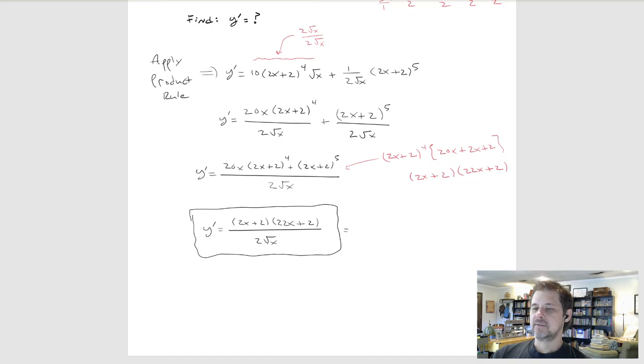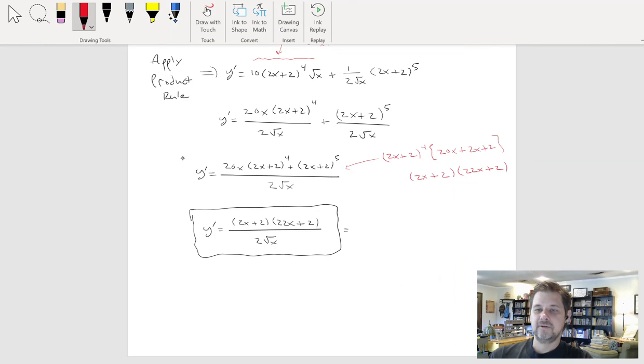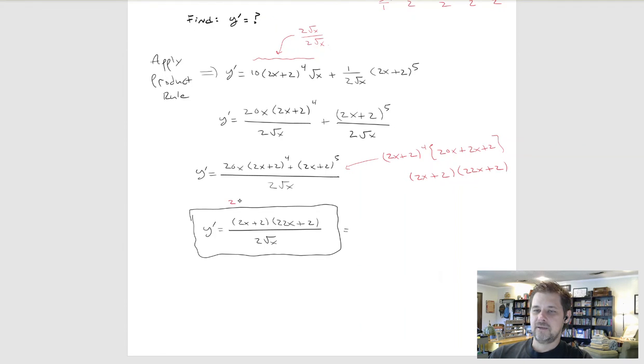But just in case, here's another thing that may at some time be required, or that you may need to know. There are a lot of 2's up here, and I guess I could reduce it a little more. I could factor, see that 2x + 2 has a common factor of 2 in there. And over here too, 22x + 2, I could factor 2 out there. So if I need to go any further, then I could write this top part as 2^4 (x + 1)^4 times 2(11x + 1).